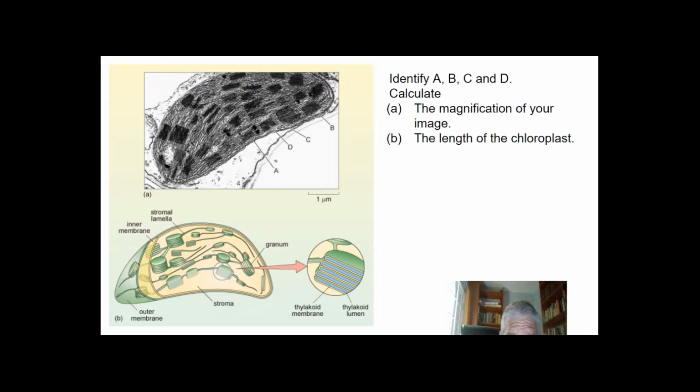You can see lots of lamellae. You can see these darkened regions, which are the grana, and each granum consists of a collection of thylakoids. And from that, you should be able to identify A, B, C, and D. You're supposed to do that for yourselves.